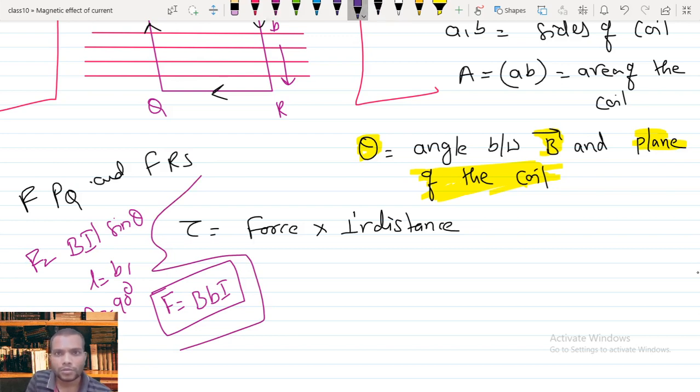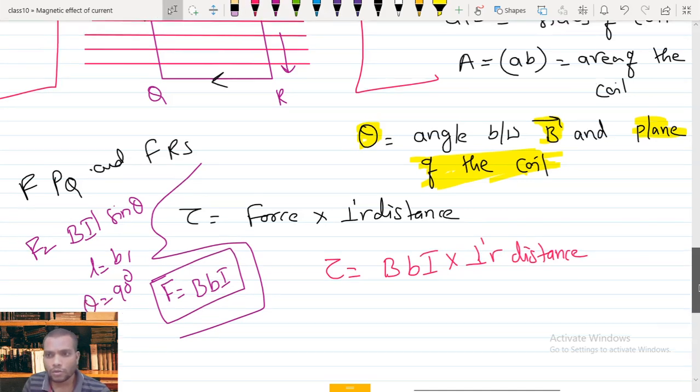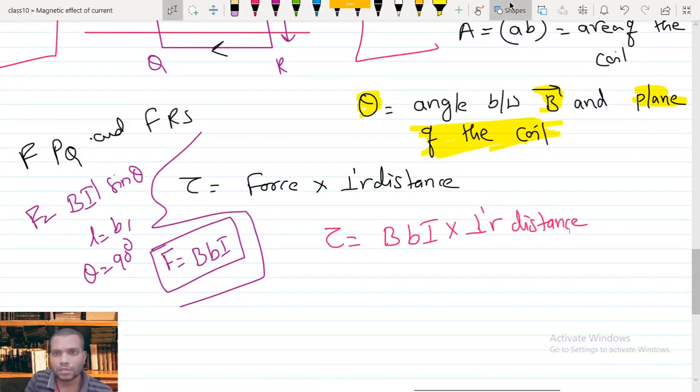Now if you substitute that in torque, therefore tau equal to force, capital B times little b times I, times perpendicular distance. Now to calculate the perpendicular distance, this is a little tricky but easy to calculate.